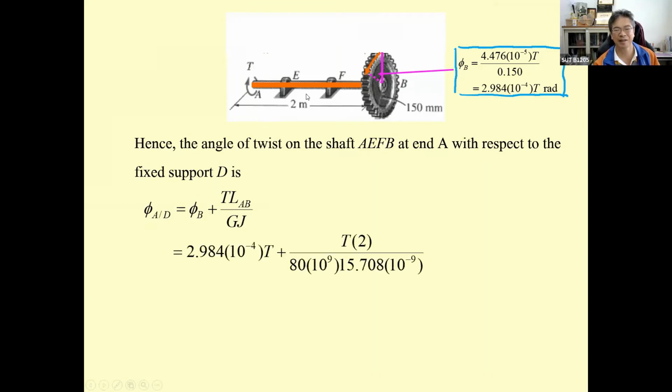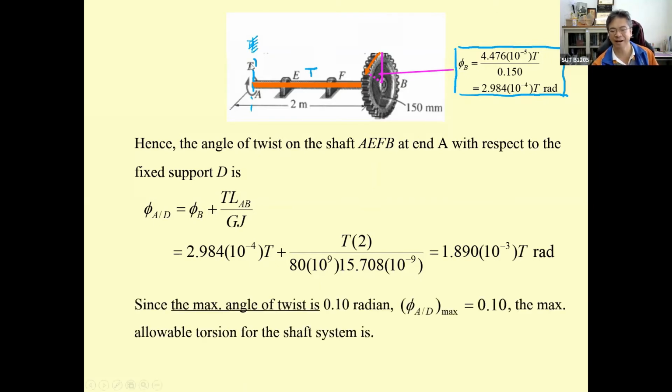So we just do that. We have the torsion over here for T and 2 meter and GJ. So that is going to be the total angle of twist that occurs at this point compared to point D, which is fixed, and then it's going to be 0.1.